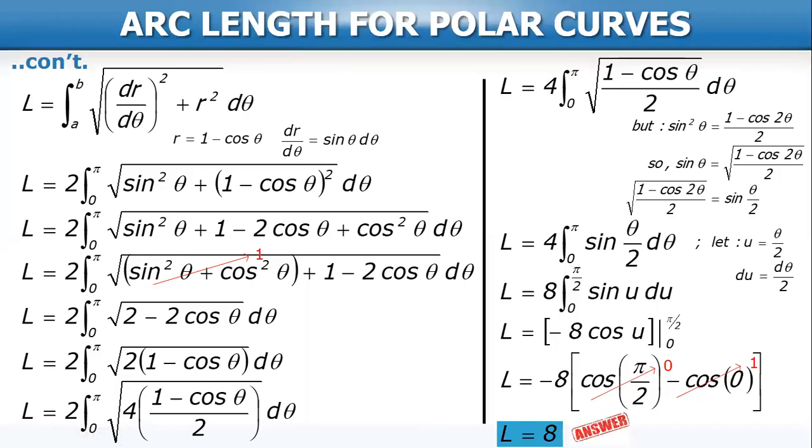So that's it. The formula is very simple. And of course, r is given. And it's easy to differentiate also. What is a common problem here is the limits. That is why make sure that your graph is correct, so that you will have the correct values for the limits.